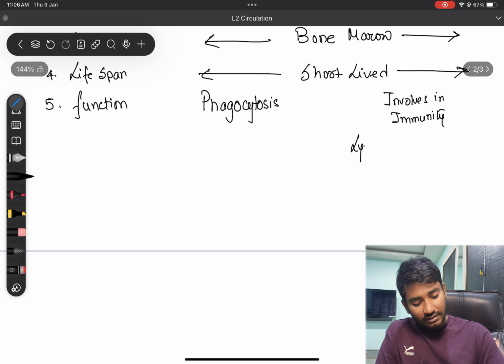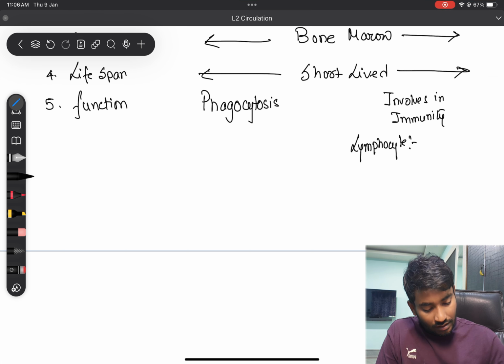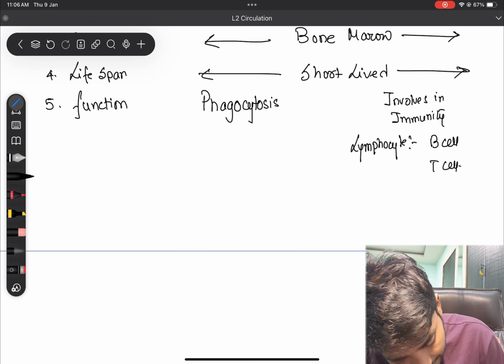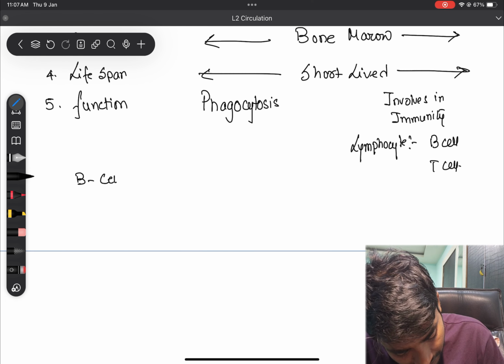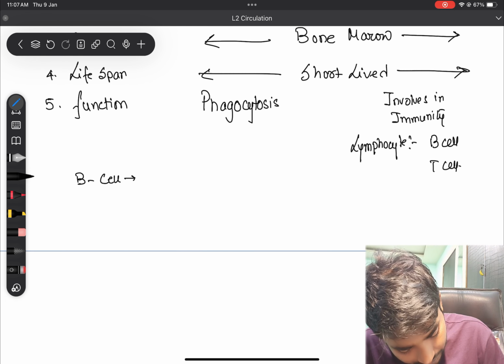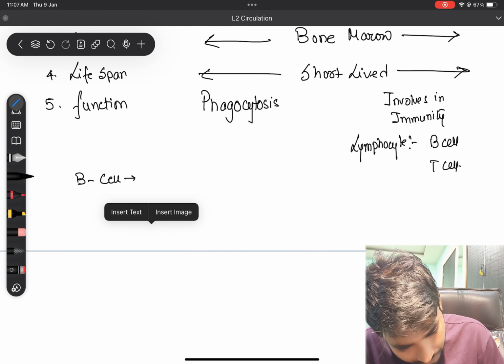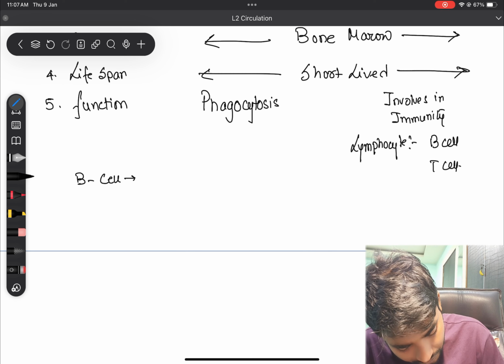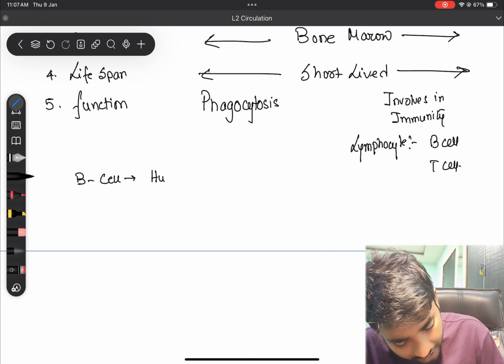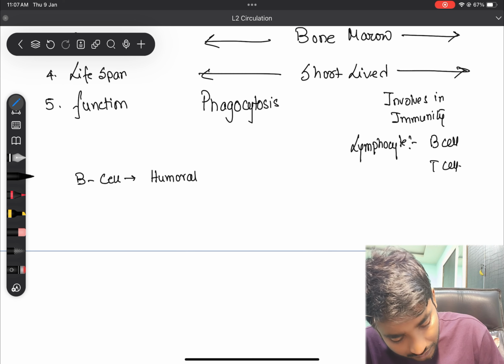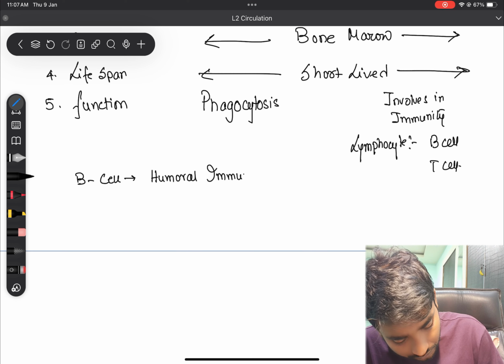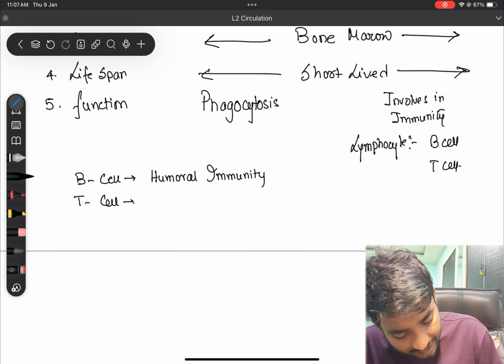The lymphocyte contains B cell and T cell. The B cell is for humoral immunity, and the T cell for cell mediated immunity.